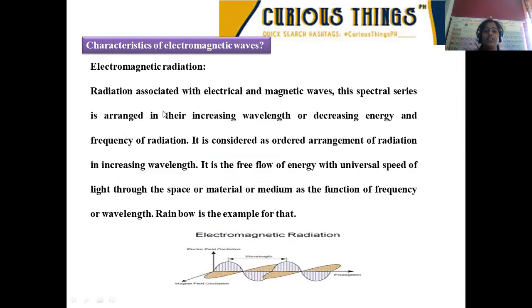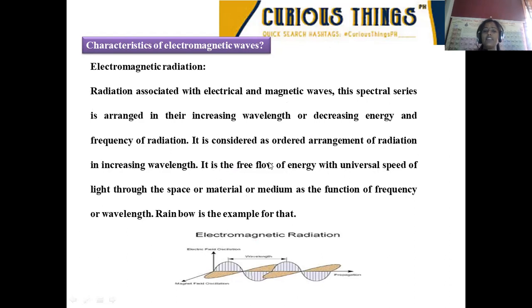Electromagnetic radiation is nothing but the radiation which is a combination of electrical and magnetic vectors and a spectral series arranged in the increasing wavelength or decreasing energy manner. So this entire electromagnetic radiation is composed of increasing wavelength or decreasing energy. So either it can be taken as decreasing frequency also. Frequency of the radiation.